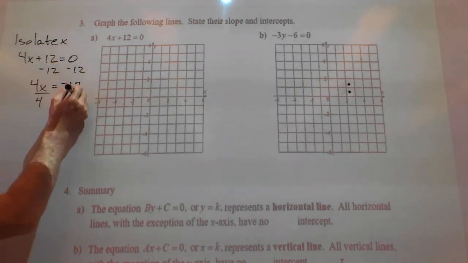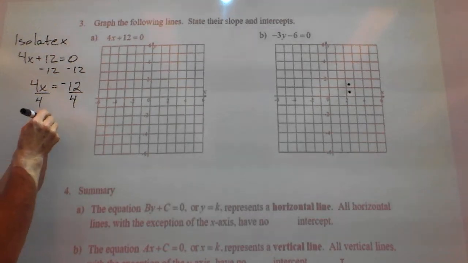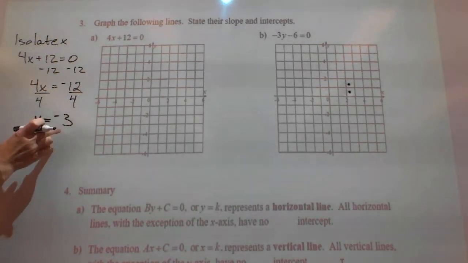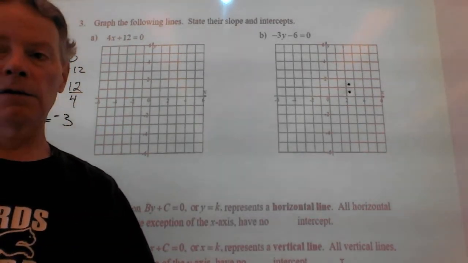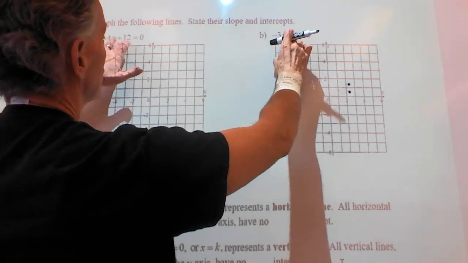Divide through by 4, right? We're getting rid of that 4 by dividing both sides. X equals negative 3.